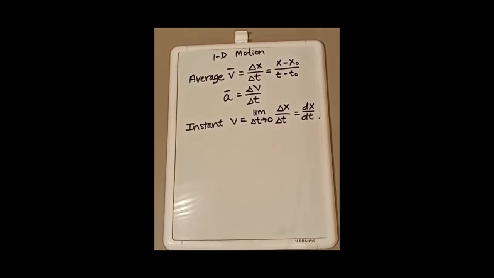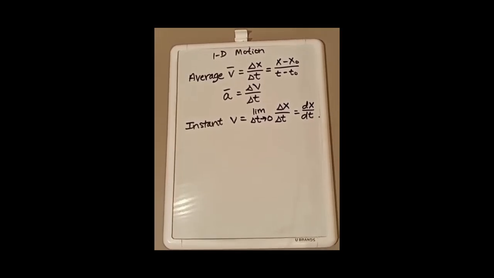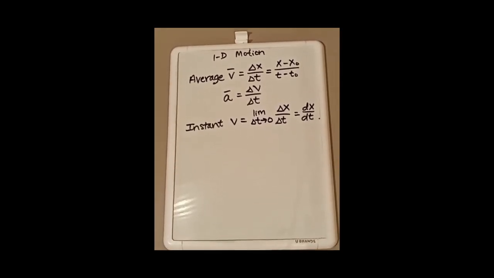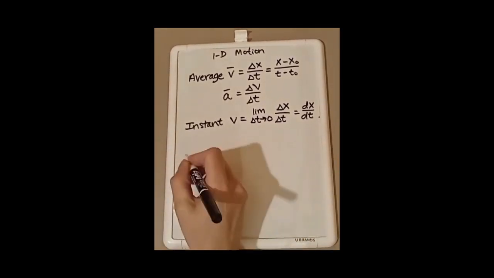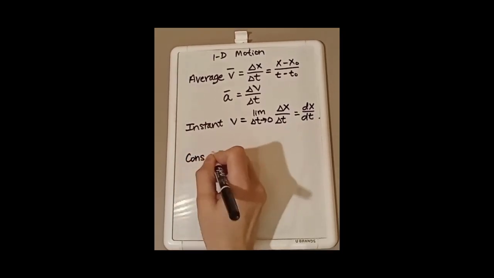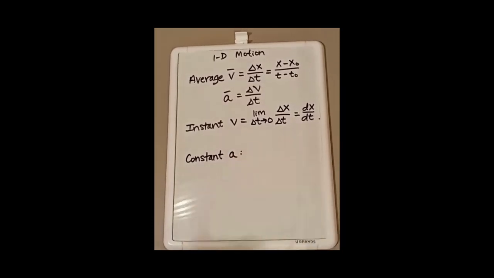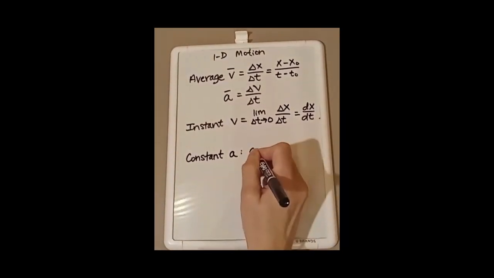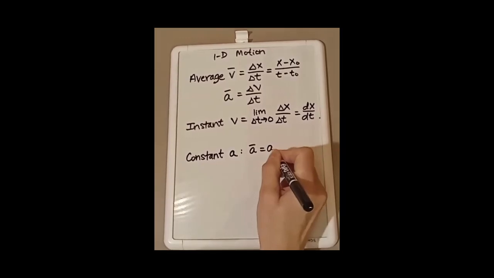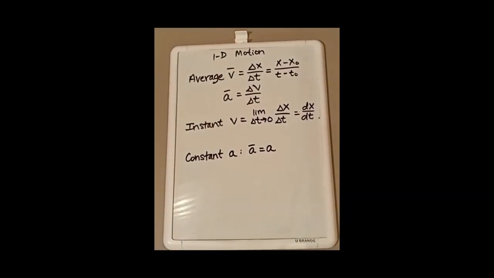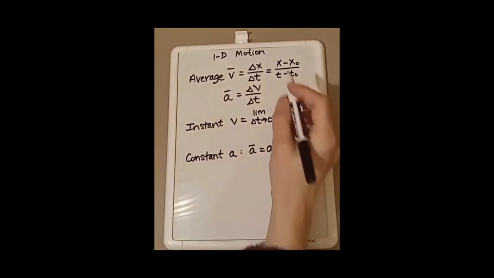So we're going to assume that acceleration is constant. What that's going to mean is that our acceleration, or average acceleration, is equal to our instantaneous acceleration. Okay, so we have our a bar is equal to a. Let me do one more notation here.